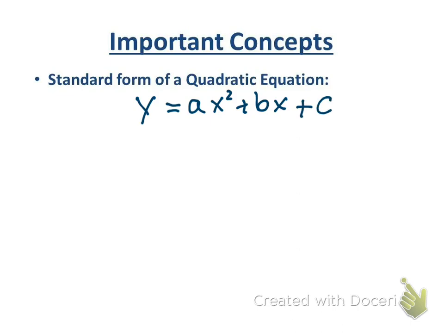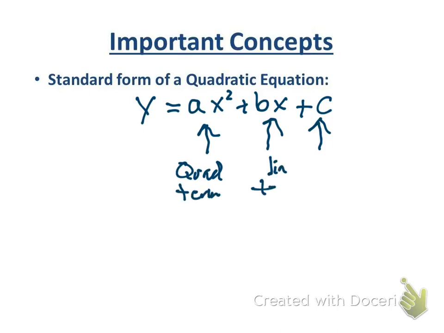All right? This is called the quadratic term. This is called the linear term, and this is called the constant, right? So we've got a quadratic term, a linear term, and then our constant.